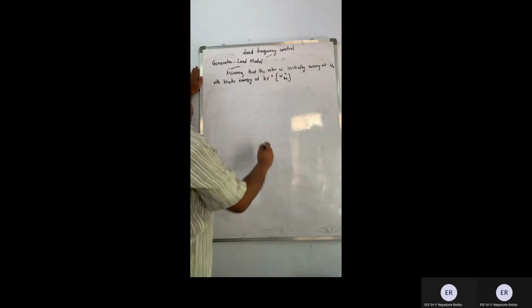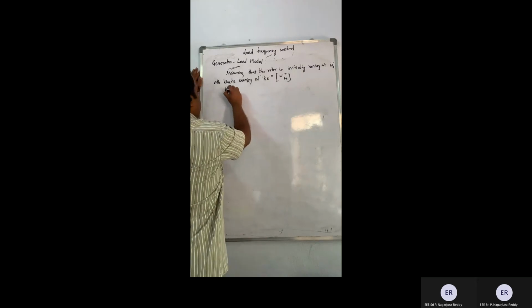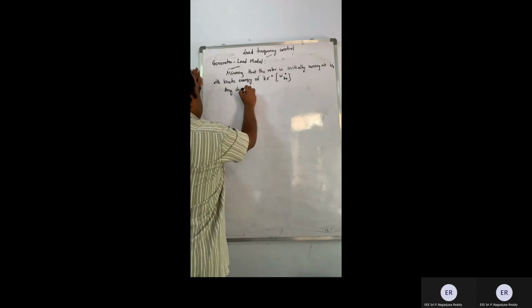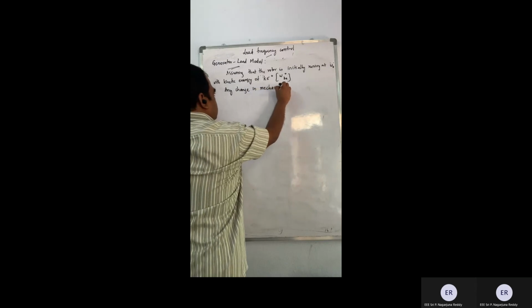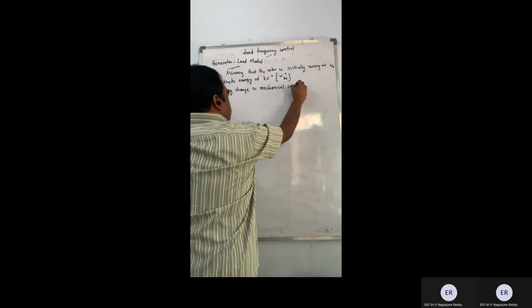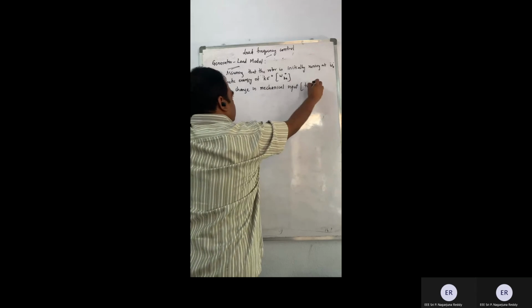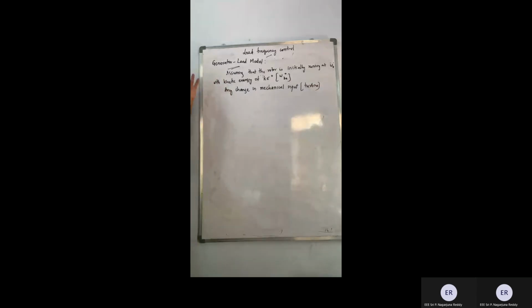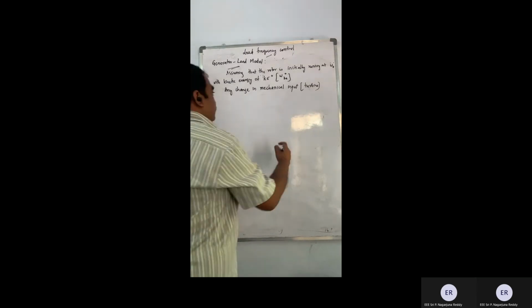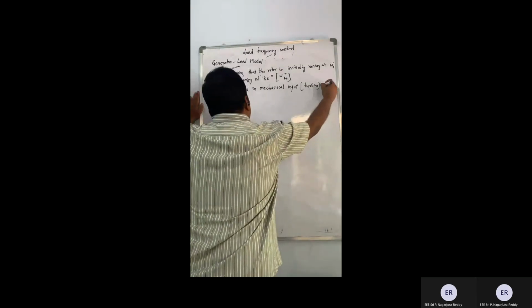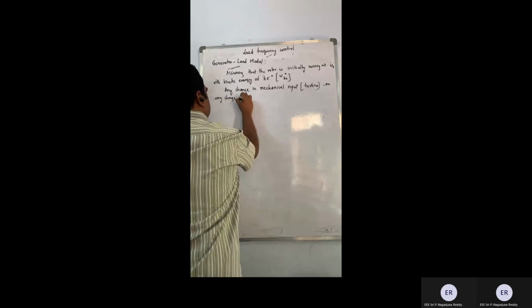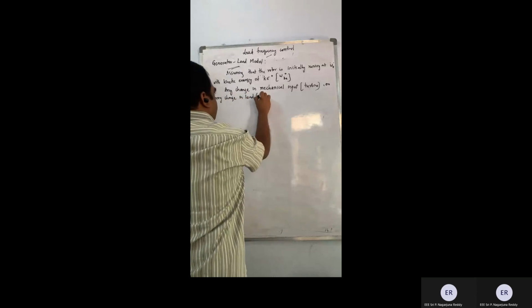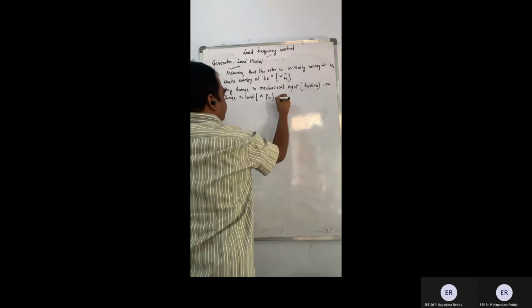Now, any change in mechanical input, which is coming from the turbine, or any change in load, which I'll represent as delta PD.